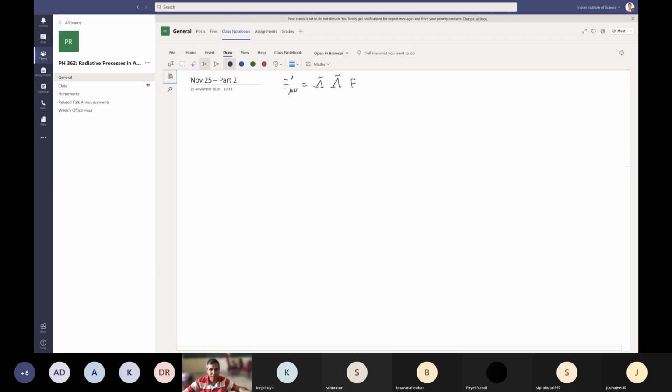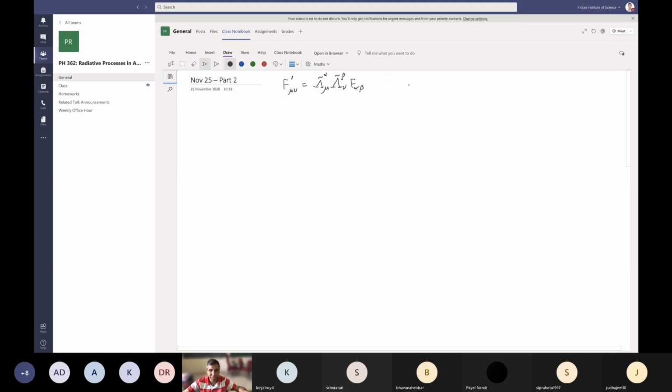So F alpha beta in the unprimed frame, and then we put the indices mu alpha and beta and nu. F being a Lorentz tensor must transform like this.